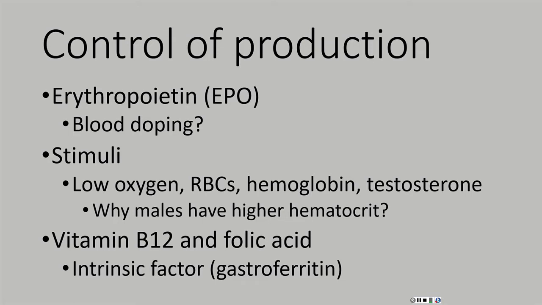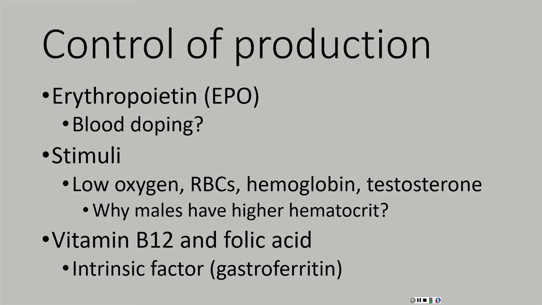But lastly, vitamin B12, folic acid, intrinsic factor, how are these related to erythrocyte production? Well, intrinsic factor is something made by the lining of the stomach. And intrinsic factor is actually needed to absorb vitamin B12 and folic acid from your diet.